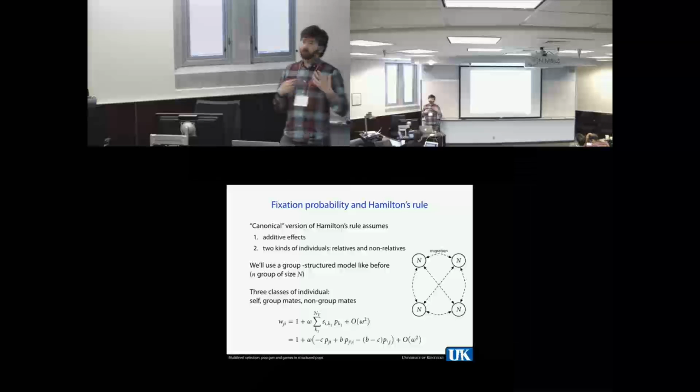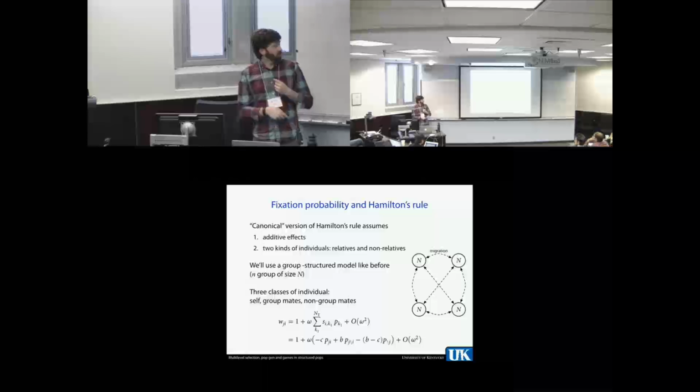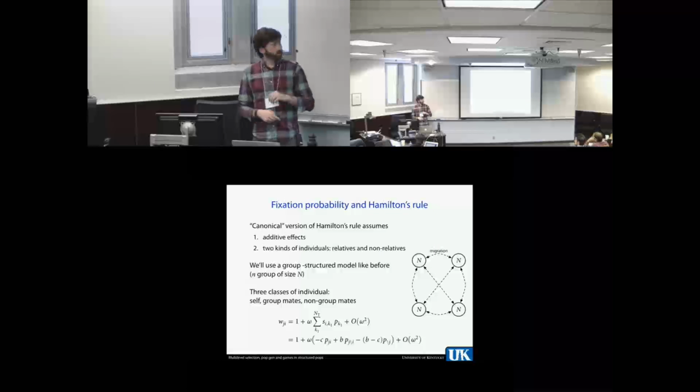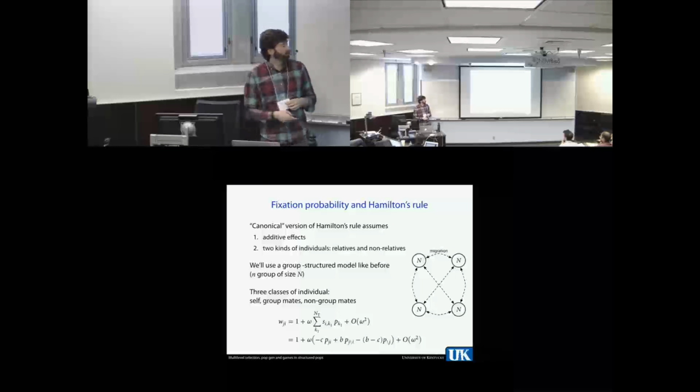And if we assume that, and everything is symmetric other than that, then there are really three kinds of individuals in the population. There's the focal individual, this individual I here. There are individuals who are in the same group as the focal. And then there are individuals who are in some other group than the focal. And other groups are essentially equivalent, since the mutation starts off as a single copy, and those other groups all have the other copy of the gene.